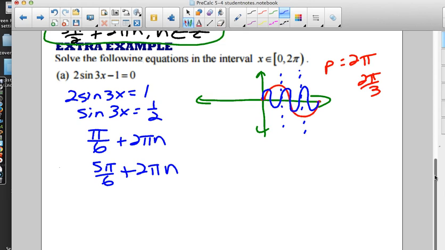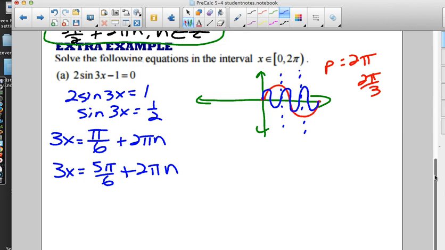But here's what we know. This isn't just 1x. This is 3x. So if I want to know what angles this is going to be, all I have to do is divide everything by 3. Yeah. That's what happened over here. This 3 in front divided everything by 3.